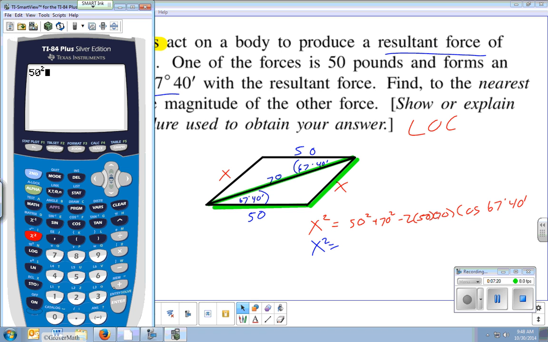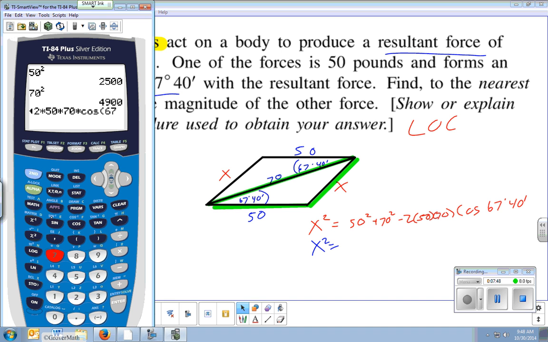So we got 50 squared is that. We got 70 squared is that. And then we also need to know what is negative 2 times 50 times 70 times cosine 67. Now whenever minutes are involved, I do need to use those symbols. So I need to do 67 degrees.